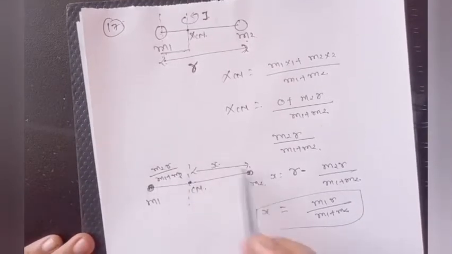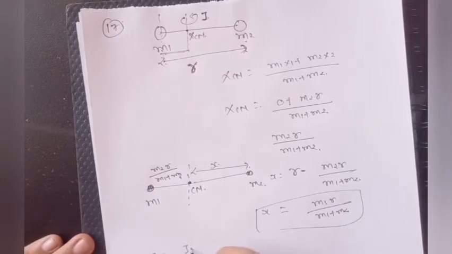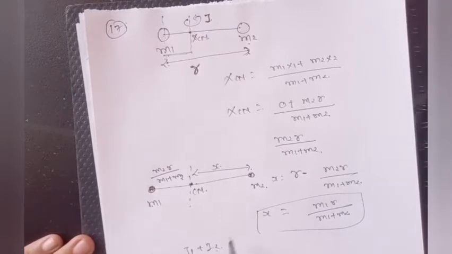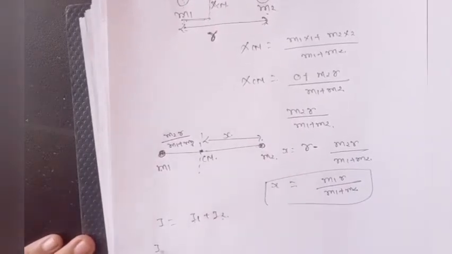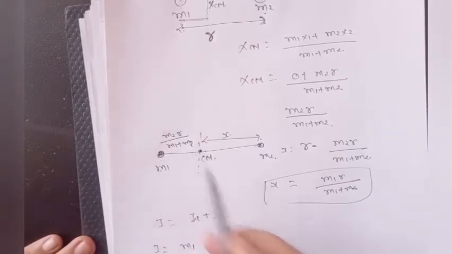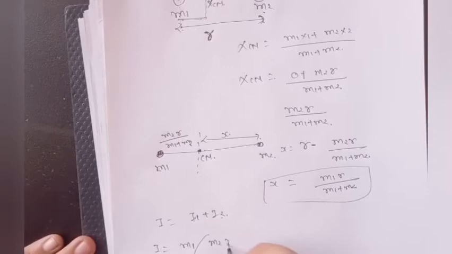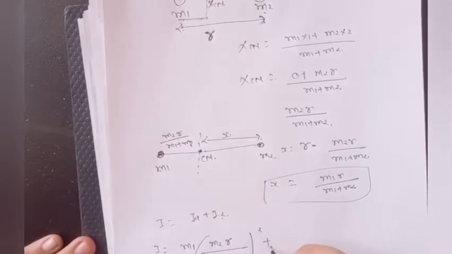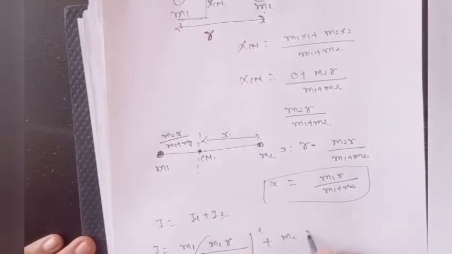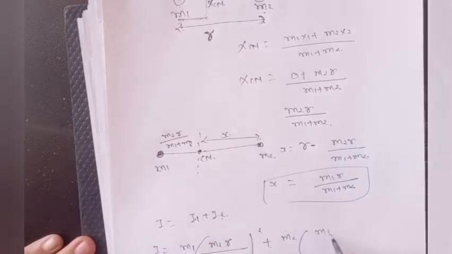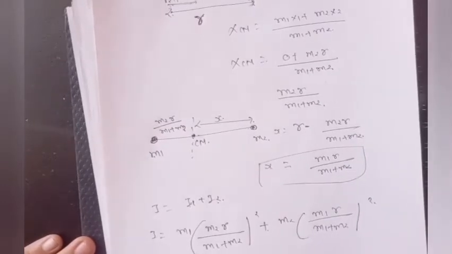To write the moment of inertia, I is equal to I1 plus I2. I1 is the moment of inertia of m1 and I2 is the moment of inertia of m2. So m1 times the distance of m1 from center of mass, (m2r upon m1 plus m2) whole square, plus m2 times the distance of axis of rotation from m2, (m1r upon m1 plus m2) whole square.